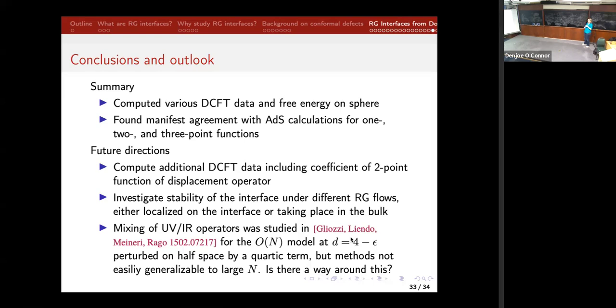And another thing is the mixing of UV and IR operators. I discussed that a little bit in the beginning, but I didn't talk about how it was computed by Gliozzi, Liendo, Meineri, and Rago in this d equals 4 minus epsilon interface O(N) model. They were able to compute some of the mixing coefficients comparing the IR operators to the UV operators.